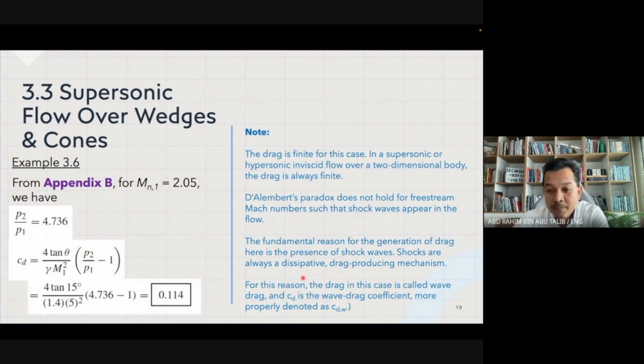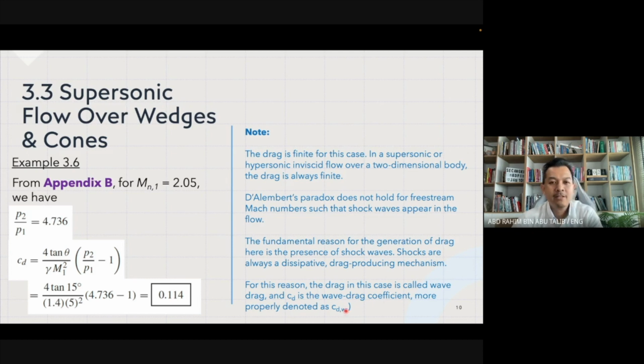And for this reason, the drag in this case is called wave drag, because it is the drag associated with the oblique shock wave that is being generated. And the CD basically is the wave drag coefficient, and more properly denoted as CDW. All right.